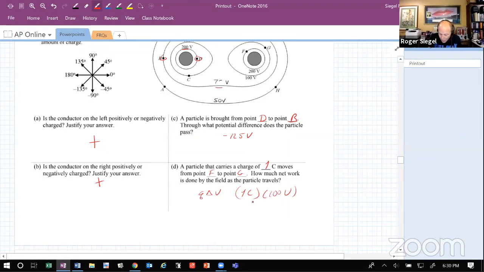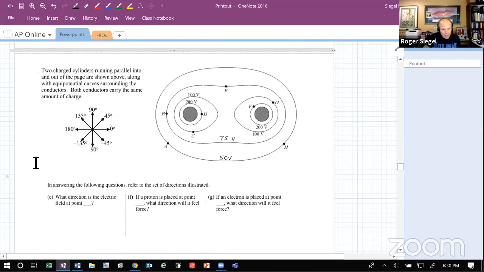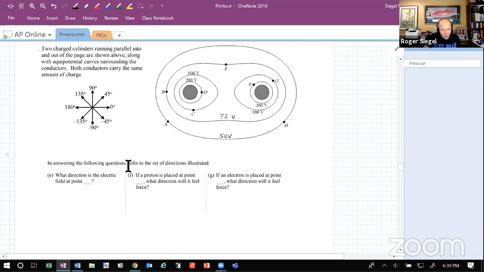And so remember, a volt is a joule per coulomb, so that's going to be 100 joules of energy that will be given to that object. And then finally, down here, same picture, we're asking the same question.